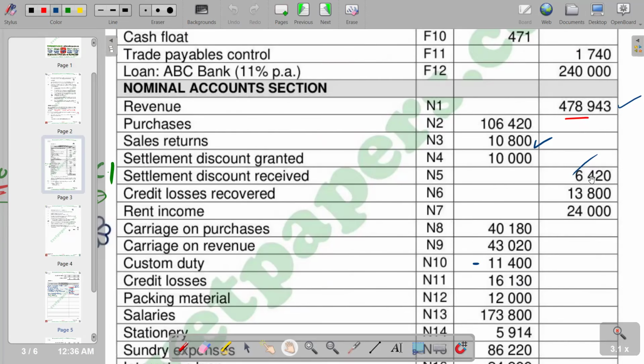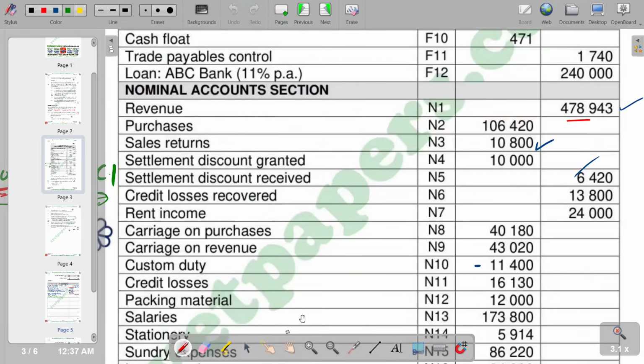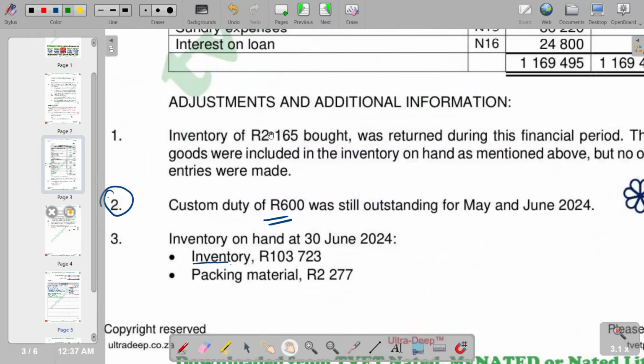So for incomes, we have got credit loss recovered, 13,800. So we go and put that one. And of course, you don't have to put it as it is. You need to check if we have got any additional information that is affecting our credit loss recovered. Maybe we have got a further credit loss recovered that is mentioned in the additional information.